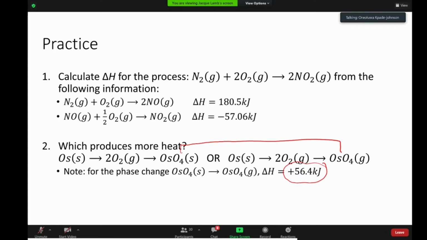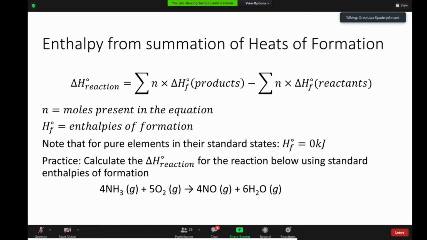Okay. Which one produces more heat? The one that produces more heat is the first one, the one producing the solid product. Professor, so if it changed state from gaseous form to liquid, would that be less heat? Are you comparing it to the solid product or the gaseous product?